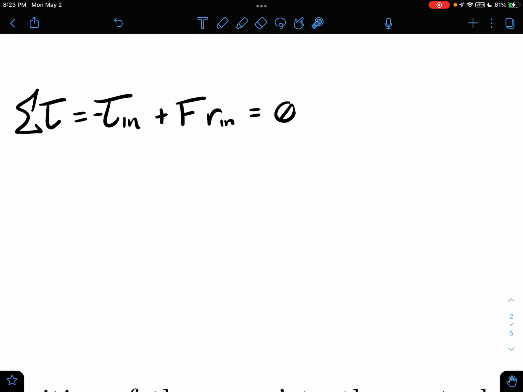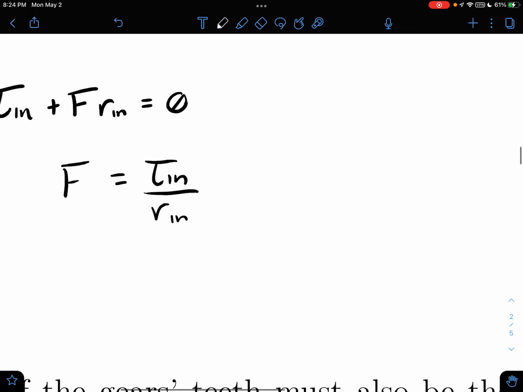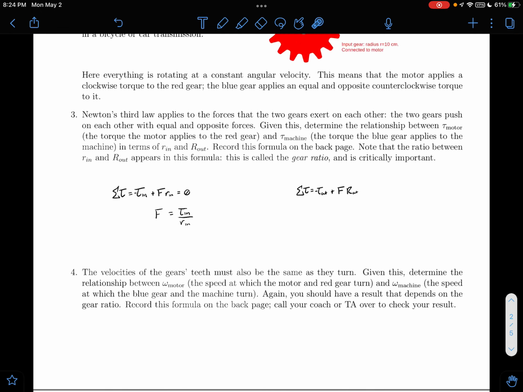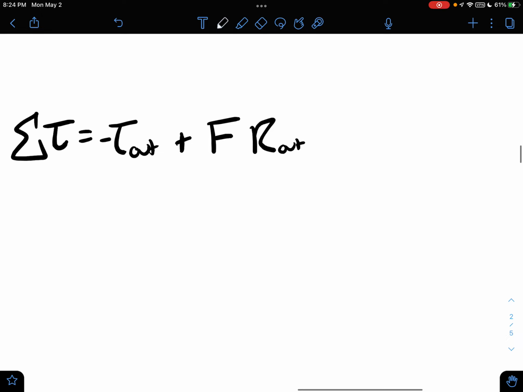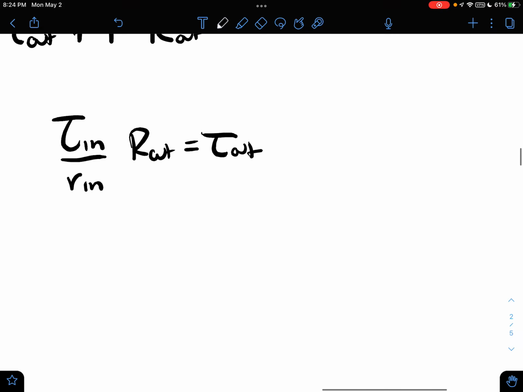So I'm going to solve this for F. If I move T in to the other side and divide by R in, I solve for that force. Now they're equal, so I can take this and plug it in over here. And if I move this to the other side as well, I get T in over R in times R out equals T out.